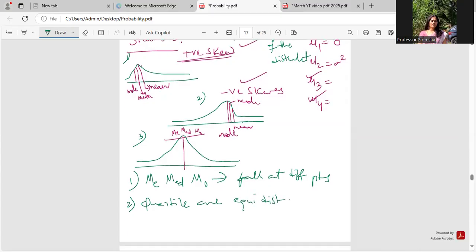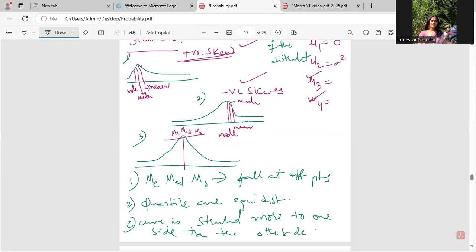The curve is stretched more to one side than the other side. In such a case, you will say that the curve is skewed. Positively skewed and negatively skewed.